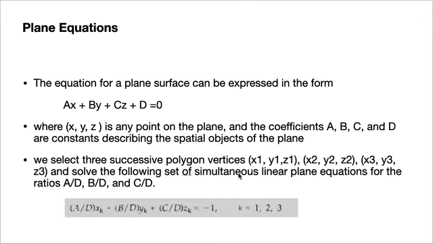Okay, you simply solve this equation, and then you get a by d into xk plus b by d into yk plus c by d into zk equal to -1, where k is 1, 2, 3. That is, you do a by d x1 plus b by d y1 plus c by d z1 equal to -1. We solve that, and similarly for x2 y2 z2 and x3 y3 z3, you solve it.